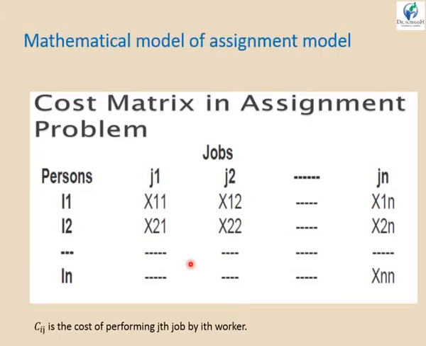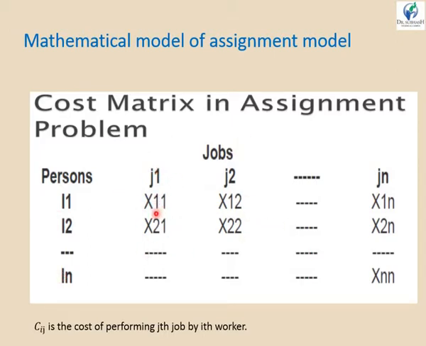Mathematical model of the assignment model. This is the cost matrix that will be given, in general form. You can see there are 1 to n persons and n jobs. Persons are shown in the rows 1, 2, 3 up to n in general form. Jobs are shown in columns.